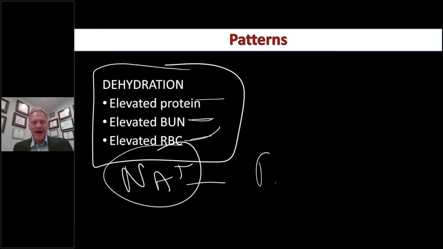So let's take it back. Somebody has a protein that's sitting at 7.8, and I look, BUN looks normal or looks low, and the red blood cells look normal, sodium looks normal, albumin is not elevated. Then I'm not thinking dehydration.